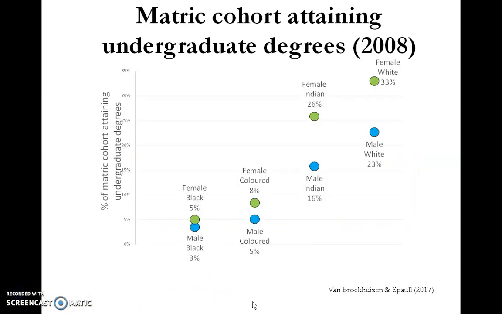So we've just looked at what higher education access looks like by socioeconomic status. Let's look at it by gender and race. So if we review this Matric cohort attaining undergraduate degrees in 2008, you can see that the highest proportion lies with white females who are clearly having a higher percentage of undergraduate degree attainment.